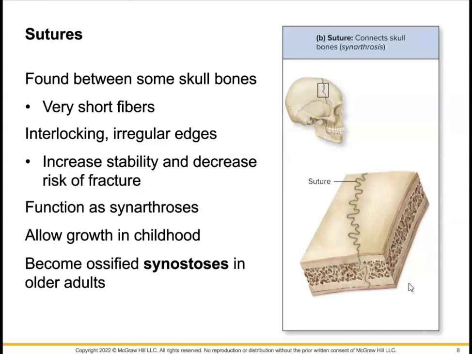All right, now this also decreases the risk of fracture because these bones do not allow for movement. So they function as synarthrosis. They allow for growth of the skull during childhood, but once they fully ossify as synostoses, then there is no more movement. So just think of these as the sutures that don't allow the skull bones to move.